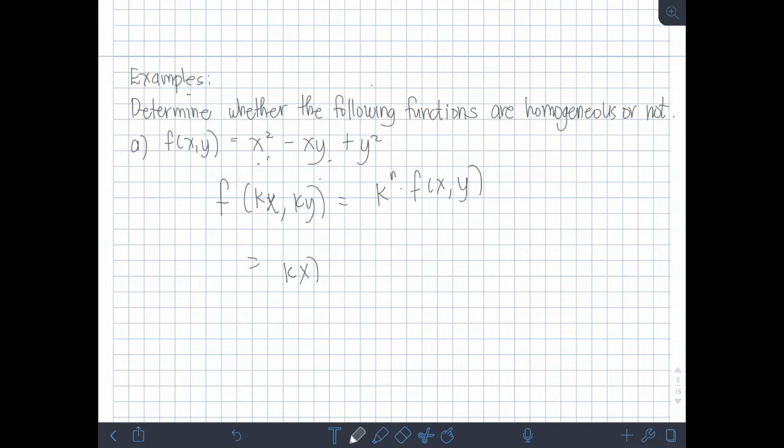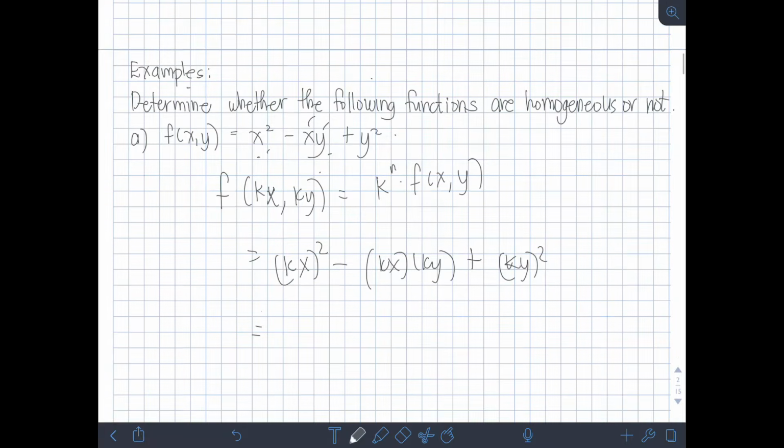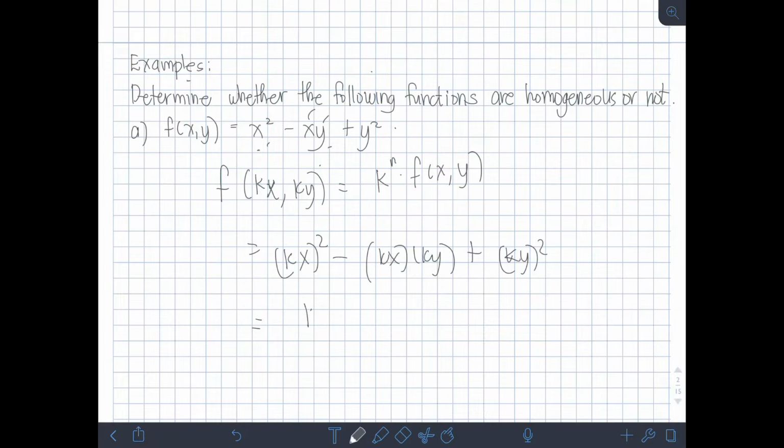So, kx squared minus kx times ky plus ky squared. Then, simplify. We have kx quantity squared is k squared x squared minus kx times ky is negative k squared xy plus ky quantity squared is k squared y squared. So, mapapansin nyo, pwede nating i-factor out itong k squared.